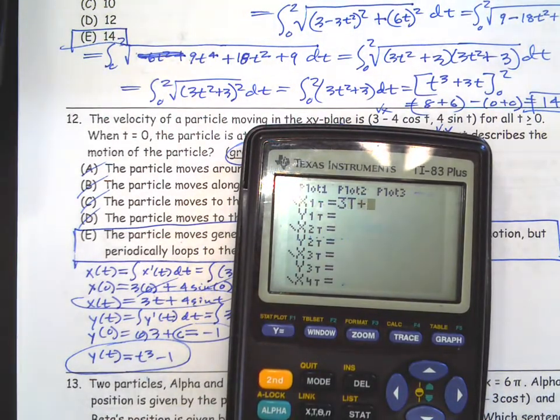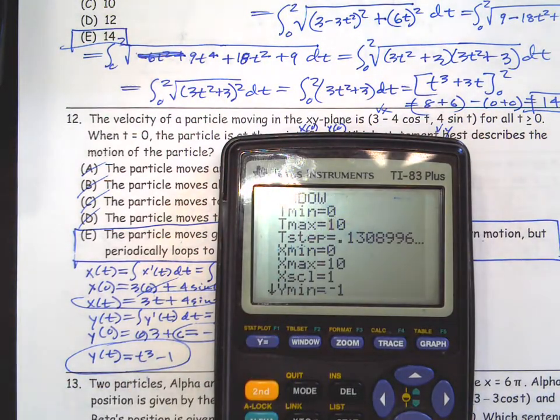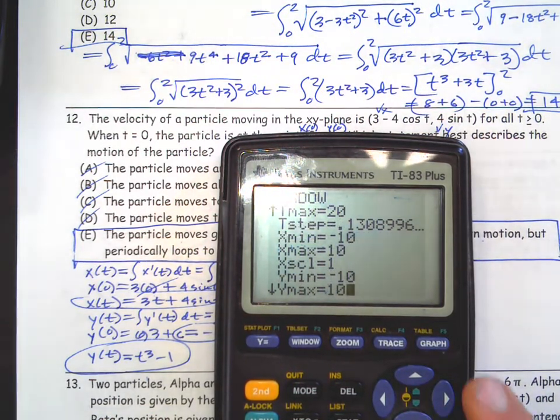Now, at this point, we could plug this in and actually see what it looks like. 3t plus 4 sine t for x, t to the third minus 1 for y. Window, we could say 0 to 20 for time, negative 10 to 10, negative 10 to 10. I don't know what this graph's going to look like.